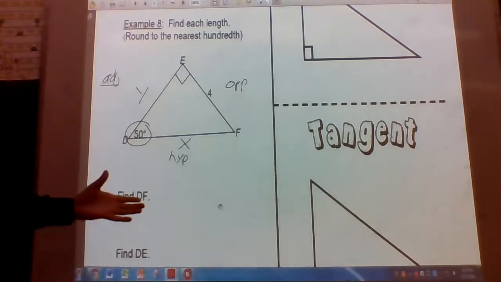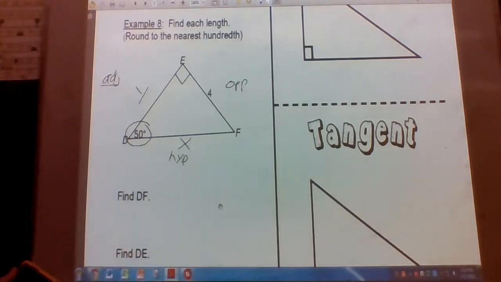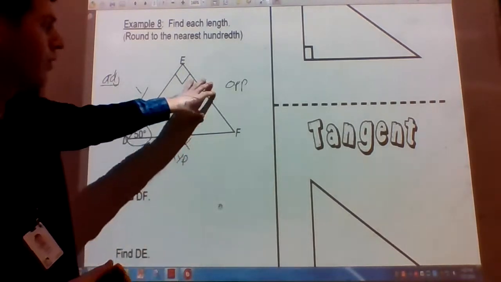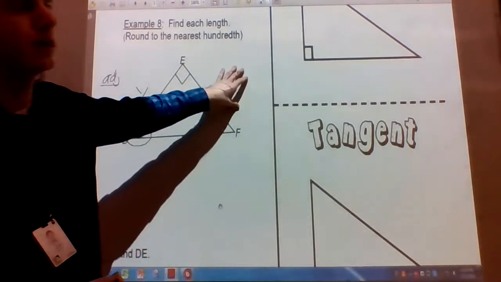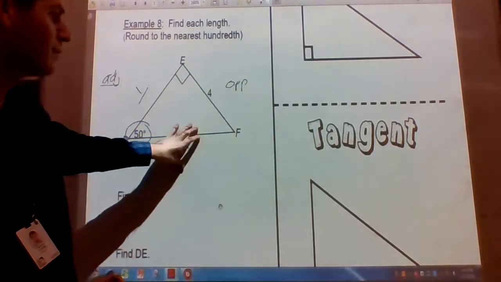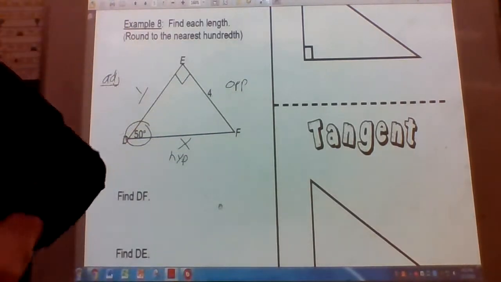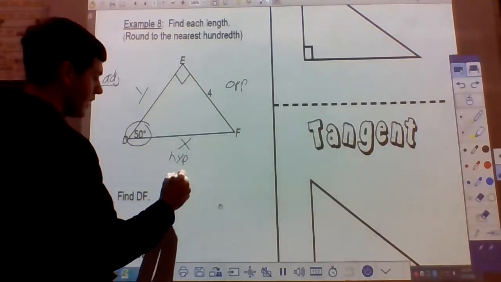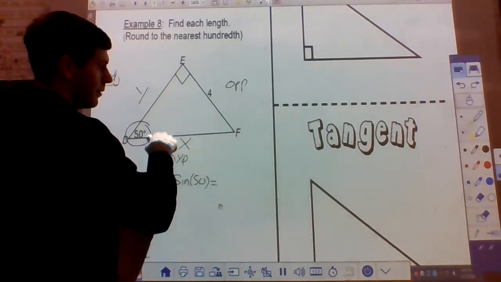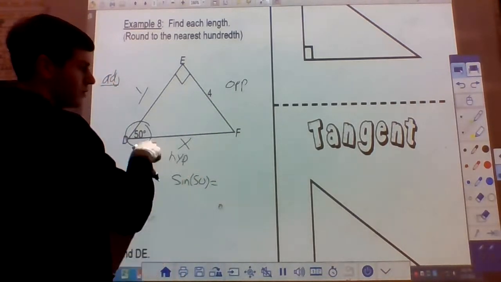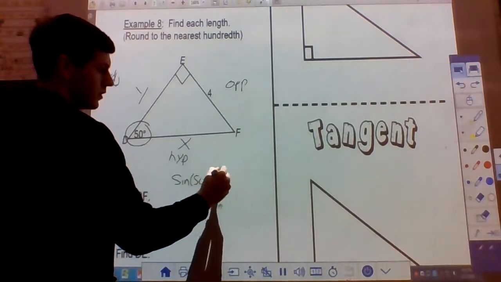We want to find the hypotenuse, so we should have hypotenuse in the equation. That eliminates tangent. We also know we have 4, which is the opposite side, so we want to use the one that has the opposite side as well. Which has opposite and hypotenuse? That's going to be the sine function. So we're going to do sine of 50 equals opposite over hypotenuse, so 4 over x.